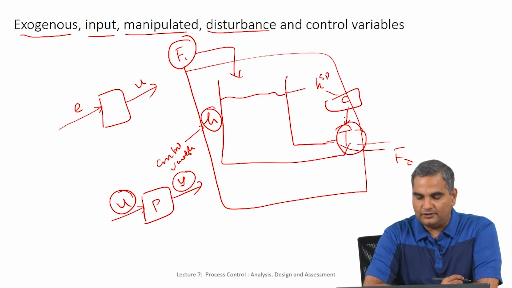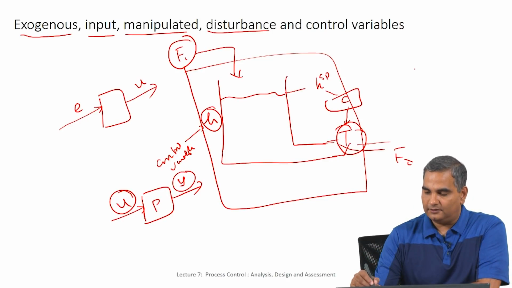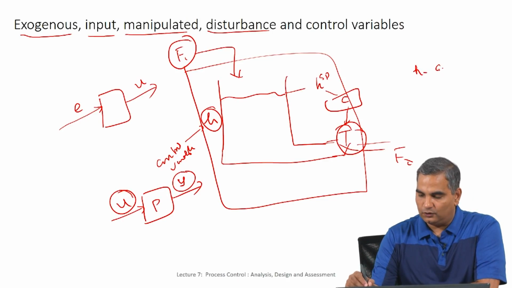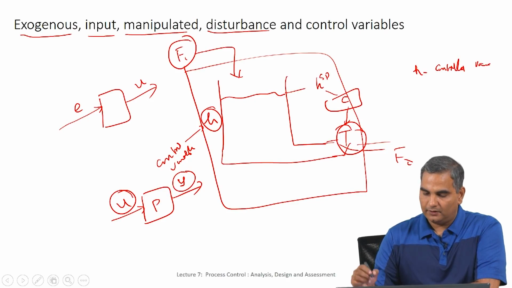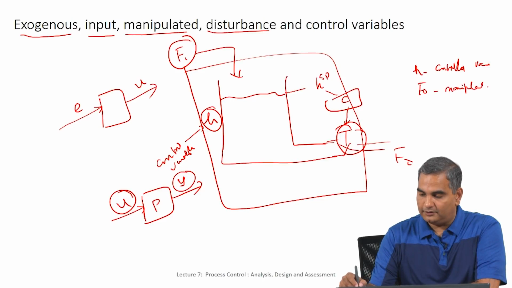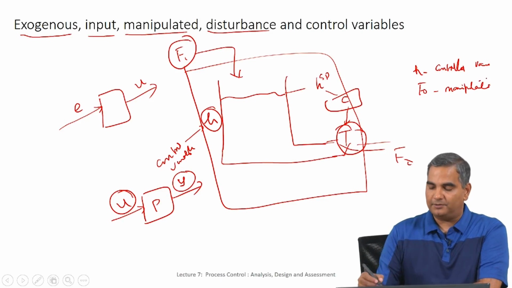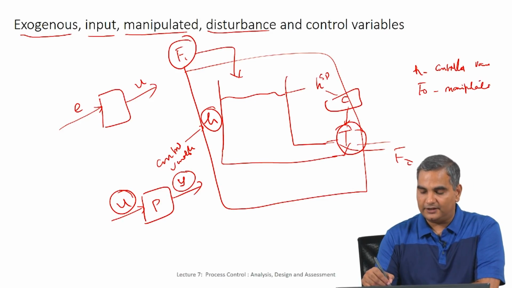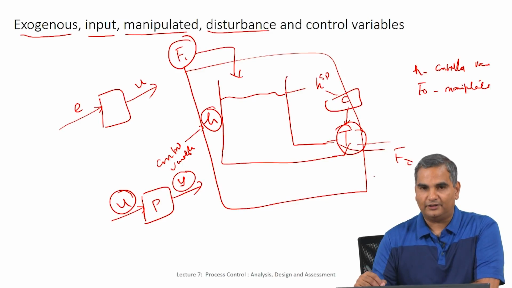If I have a control structure like this, then in this case what would happen is the h is the control variable, f naught becomes the manipulated variable. And why does this become the manipulated variable? This becomes a manipulated variable because whenever I change this control valve position, then the flow rate is being manipulated.